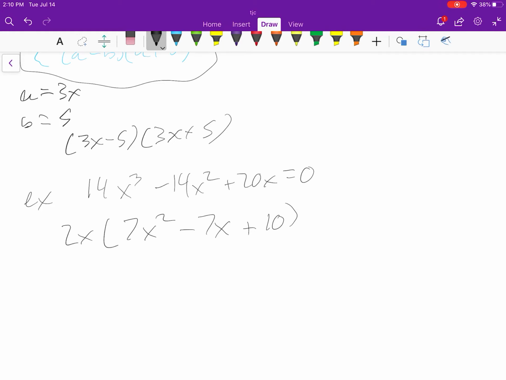All right, now we're going to multiply our a and our c. So 7 times 10 is 70. We're looking for two factors of 70 that add, since this is a positive 70, that add equal negative 7, which means since you're adding, oh, I think I wrote this down wrong.